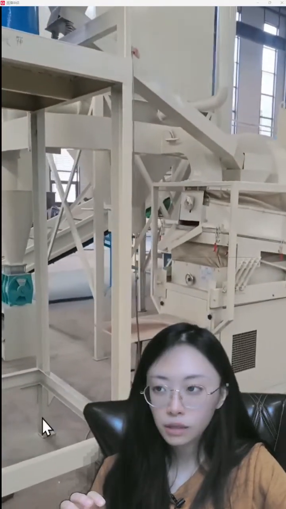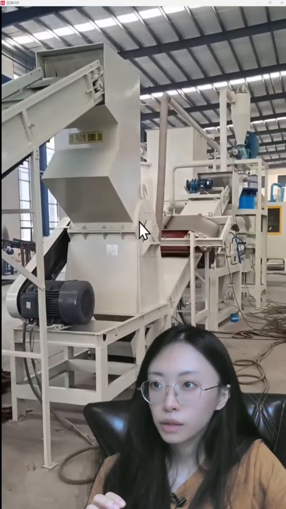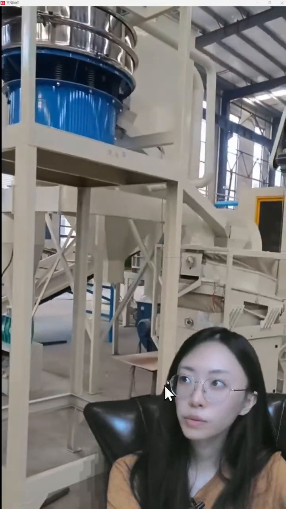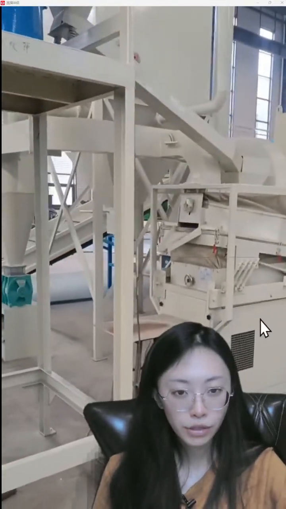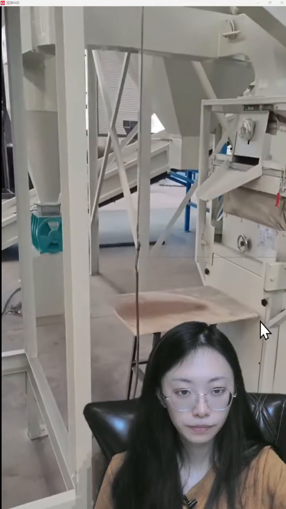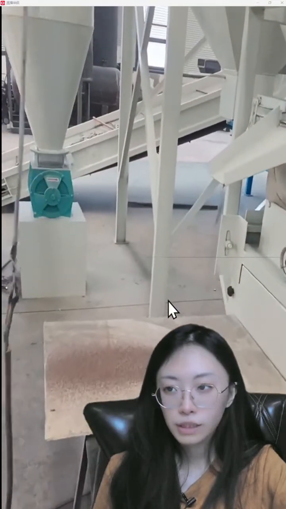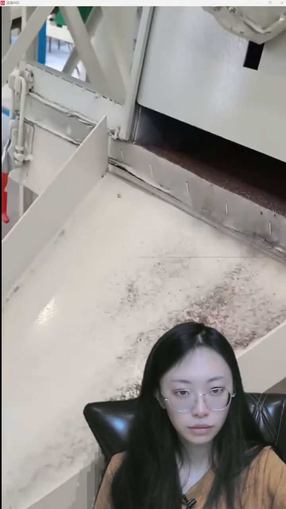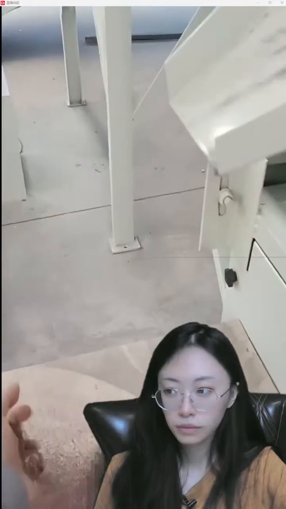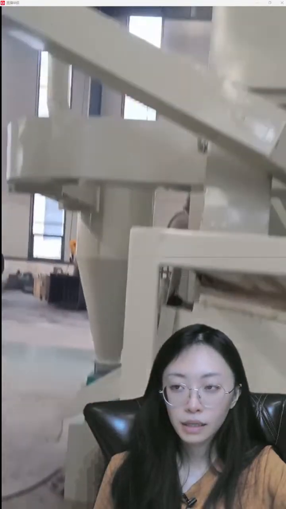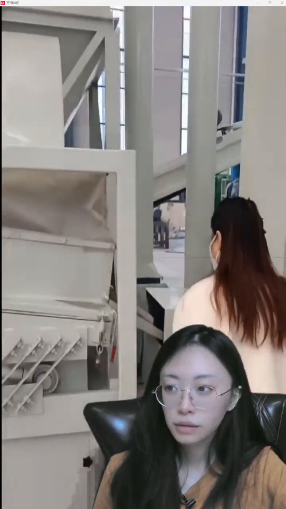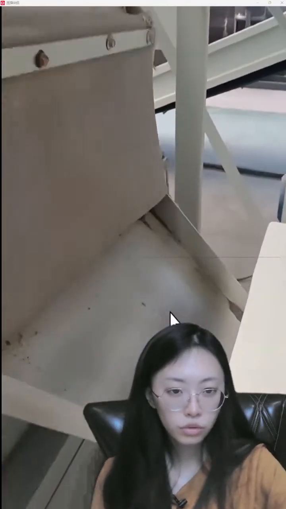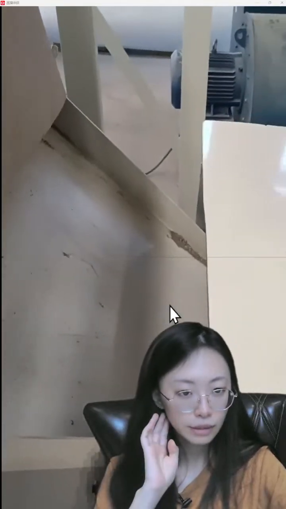If the particles cannot reach the standard, they will go through this tube and back to the hammer blade crusher. From this outlet, we can collect the mixed metals, and the next outlet is for the silicon. Then they will go to the next electrostatic separator.